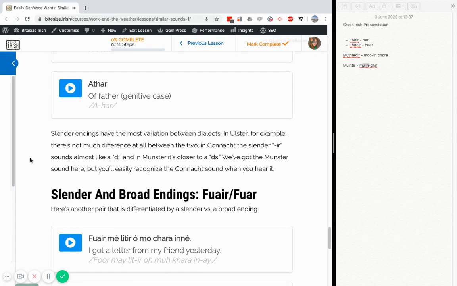So here we have a little note about slender endings. Slender endings have the most variation between dialects. In Ulster, for example, there's not much difference between the two. In Connacht, which is probably the most influence that I've had, it sounds like a D at the end that I have.